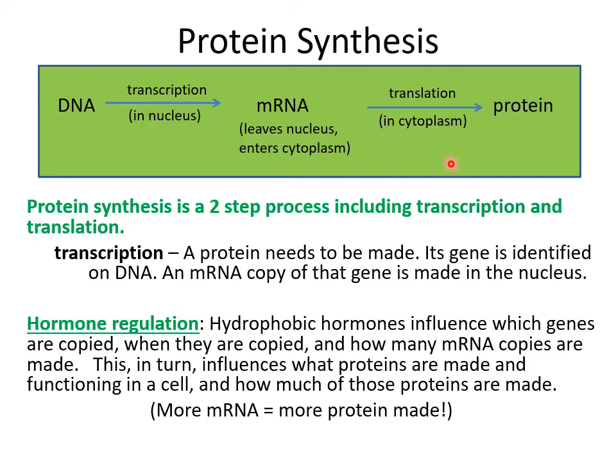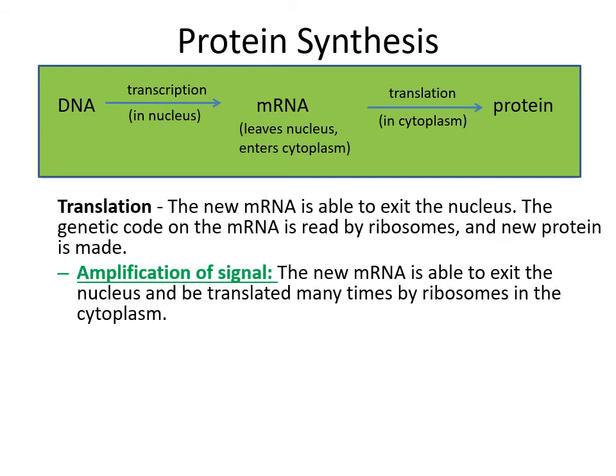They're not going to affect the cell very much anymore, because all G protein coupled receptors are not going to be able to make much cyclic AMP, because you have made less of the enzyme that makes cyclic AMP. So hormones can greatly regulate the behavior of cells by influencing the amount of proteins that are found in the cells.